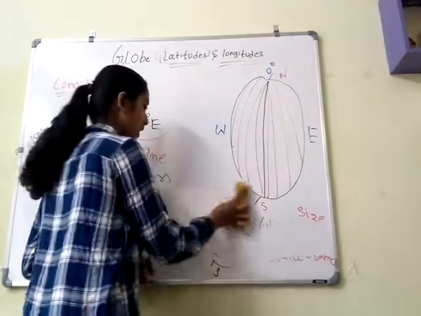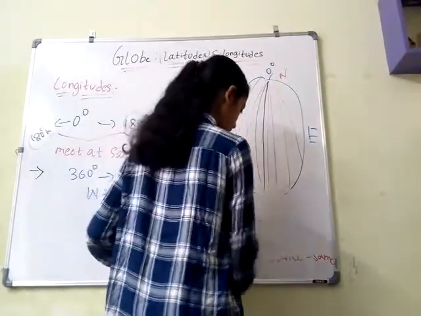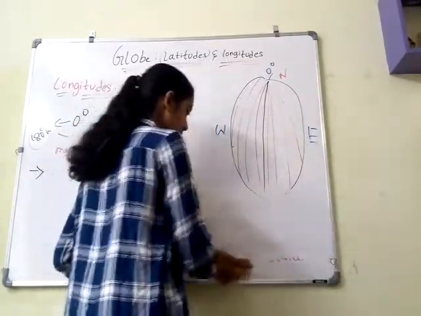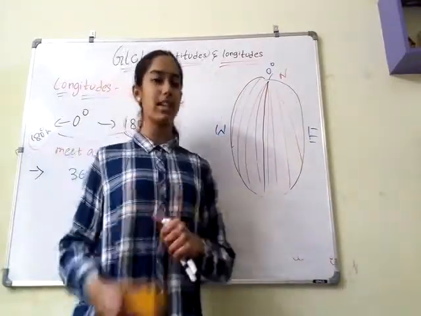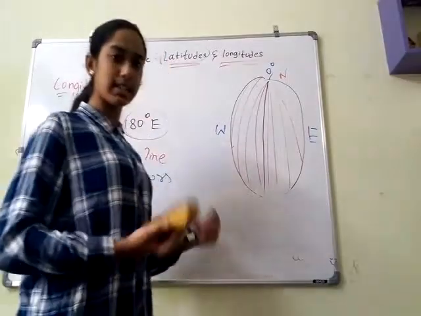Now, one more important point. As we know, if we know about latitudes and longitudes, we can easily find the location of places. Let me give an example.